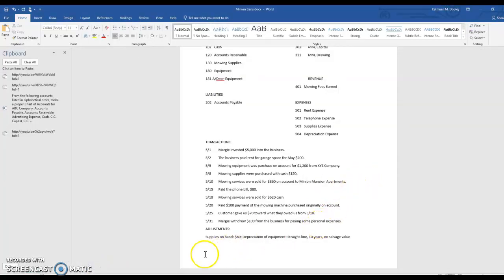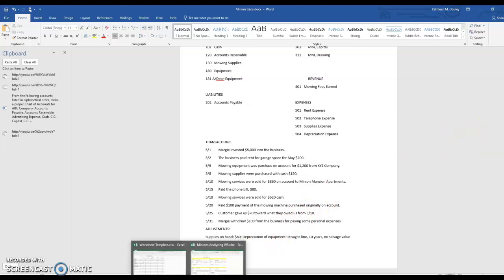Okay, so my supplies that are on hand, that means the supplies I'm counting in the cabinet that are still left over at the end of the month, is 60.